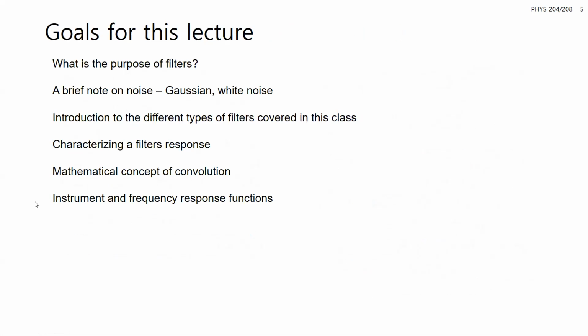So again, goals for this lecture: what's the purpose of filters? We're usually removing noise, so a comment on Gaussian noise and white noise, and focusing on how we quantify a filter's response with those. That's what we're going over today. Okay, starting out simple, what is a filter?